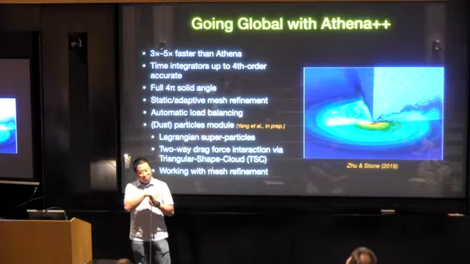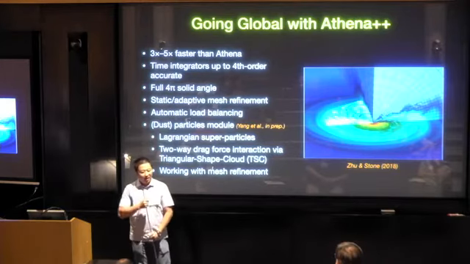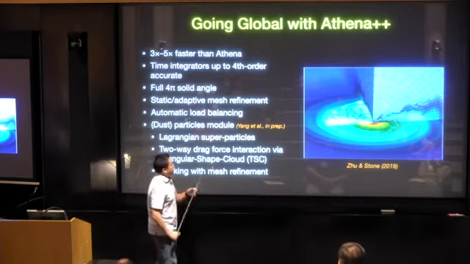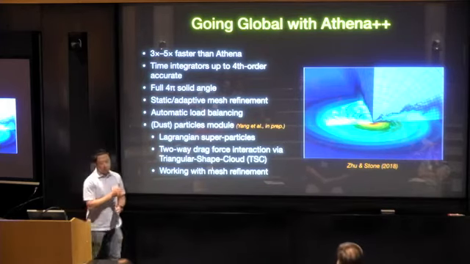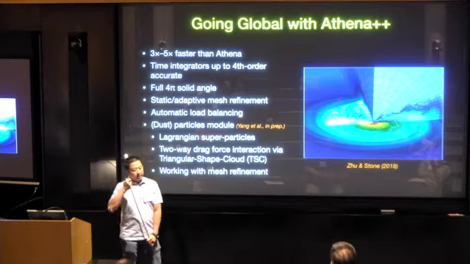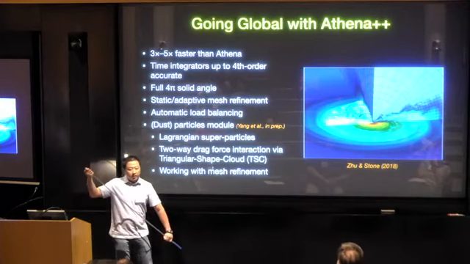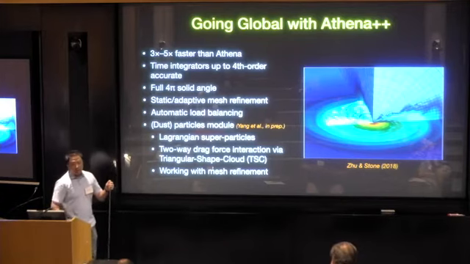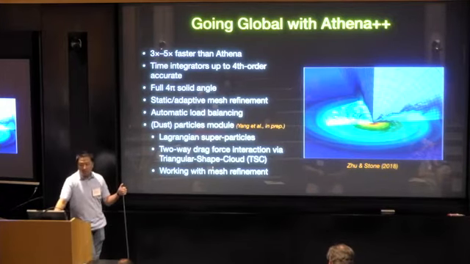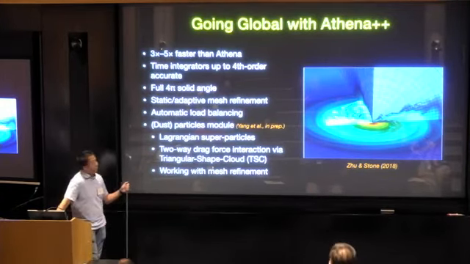So I'm moving to global simulations now, and I'm banking on the code Athena++. These are the reasons. It's a total rewrite of Athena, and it's now 3 to 5 times faster than the old Athena. You have many choices of time integrators now, up to fourth order accurate.